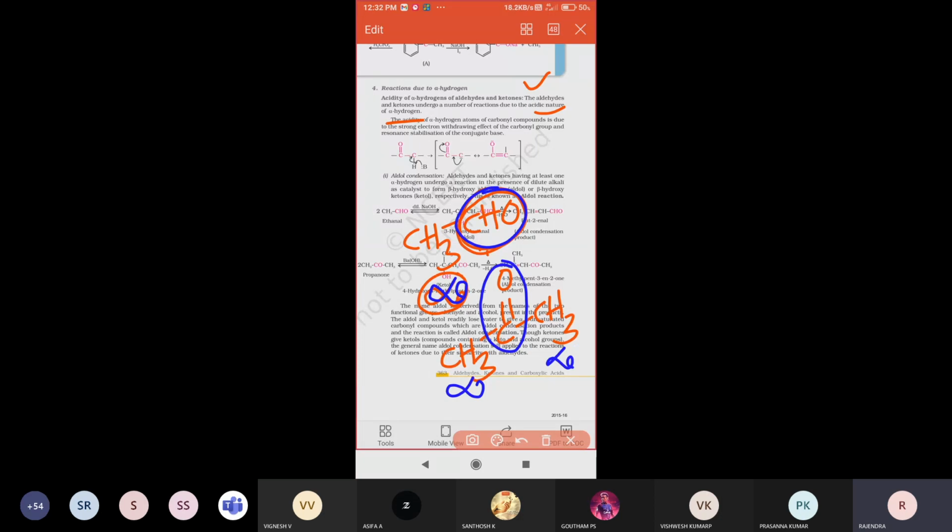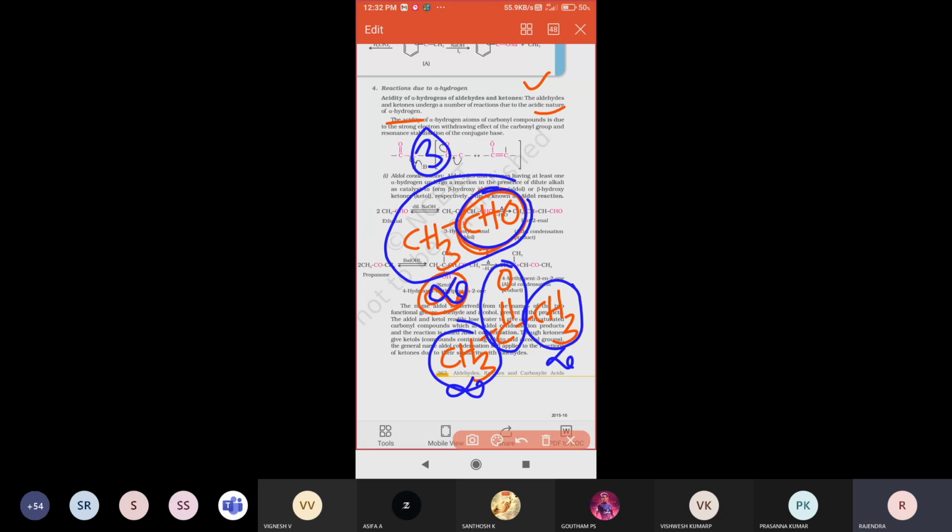In the aldehyde, the alpha carbon atom has 3 hydrogen atoms. In the ketone, there are 3 hydrogens on one side and 3 on the other, totally 6 hydrogen atoms.